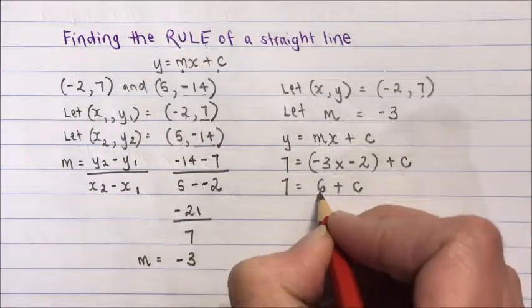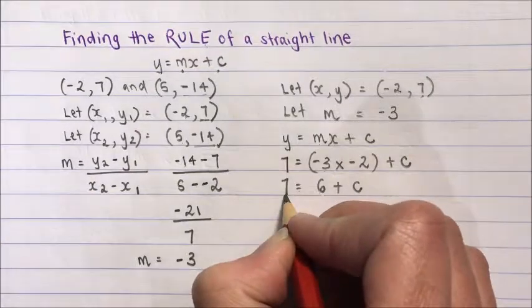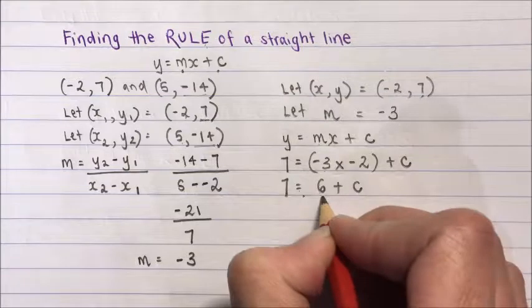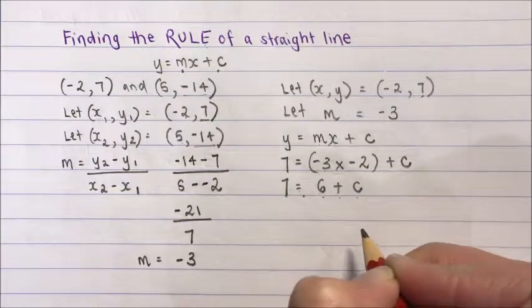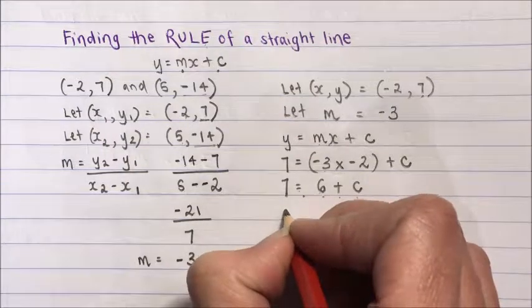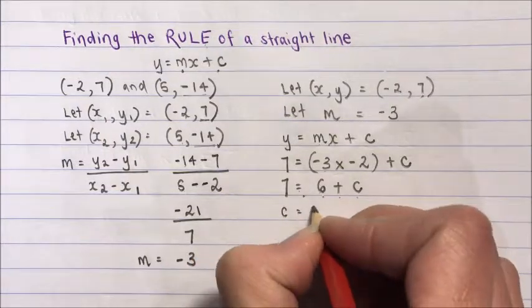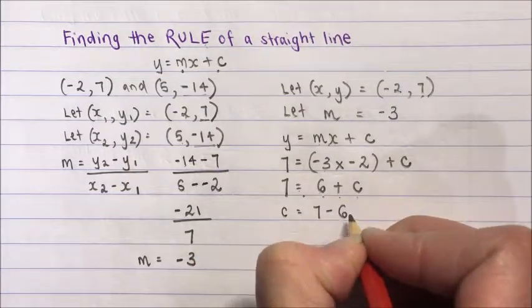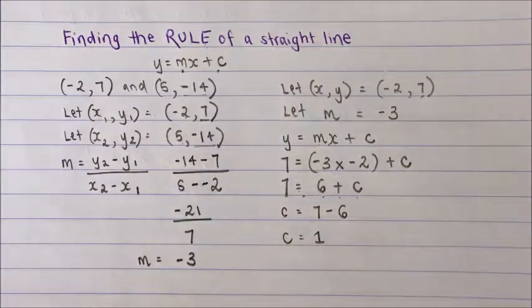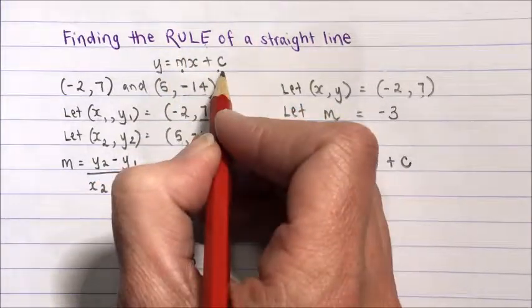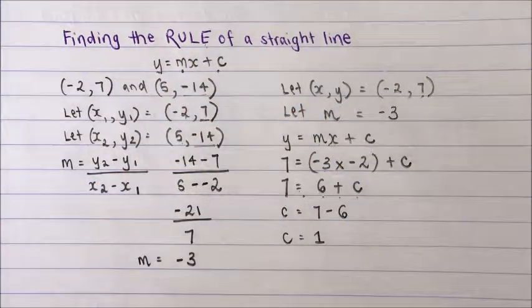So if c plus 6 equals 7, then 7 minus 6 equals c. Now, because it's the convention in maths to put the pronumeral on the left, that's what we'll do. 7 minus 6, therefore c equals 1.